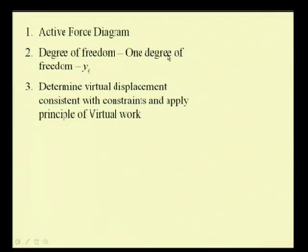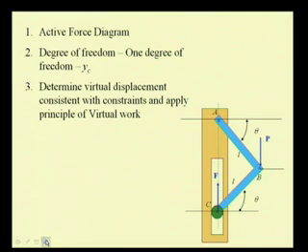This is a 1 degree of freedom system, because the position of these links can be specified uniquely if we specify the y coordinate of this point C. So, if we take this as our datum and this as the positive delta yc, the direction of the positive virtual displacement, and if we specify this value yc, then the system configuration is uniquely defined.